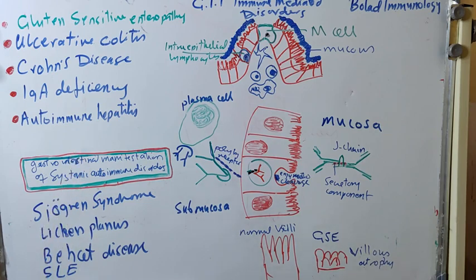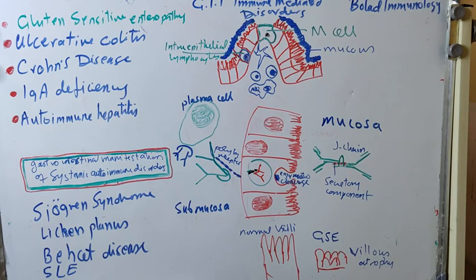Usually, the immune system in normal condition attacks bad and harmful bacteria, but it does not attack commensal or good bacteria.